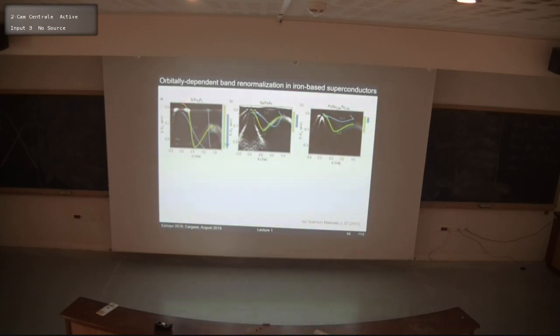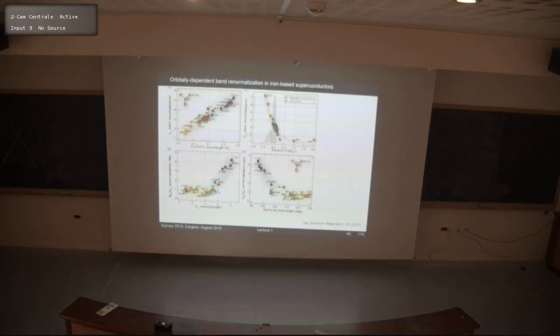And as we move from the 1-2 family, which is the most itinerant, towards the sodium iron arsenide family, towards the iron chalcogenide family, what we notice is that the blue band, which is of XY character, becomes heavier and heavier. So this is telling us that this DXY band becomes more correlated, and this is likely where the localization effects might occur. And it can also affect then how the transport is described.